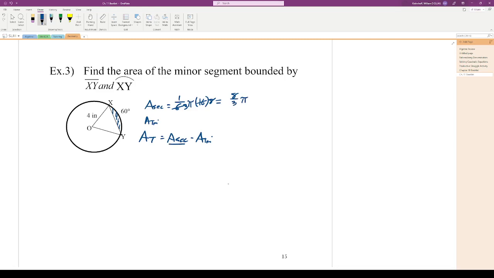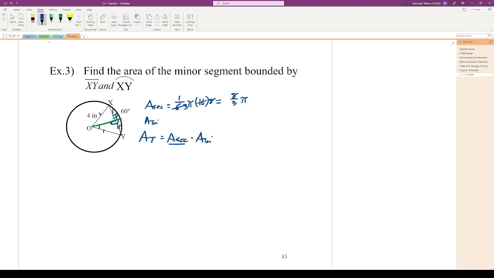Now we need the area of the triangle. We know that it's an isosceles triangle, and we know that this is going to be a 30, 60, 90 triangle. Because the central angle was 60, we're bisecting it with a radius. Remember, if we draw a radius through a chord, then it's always going to be a perpendicular bisector of that chord. So that radius gives us a 30, 60, 90 triangle.